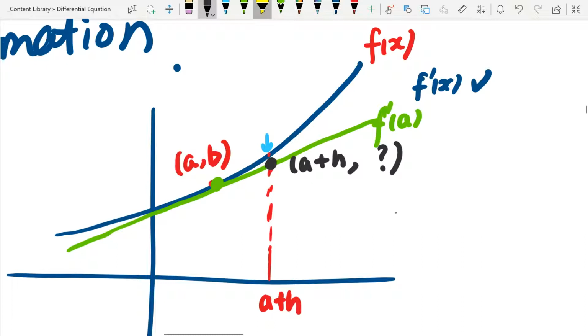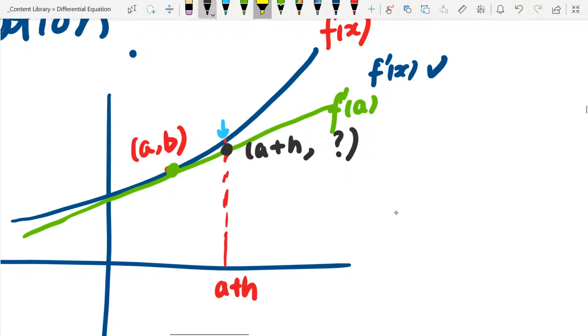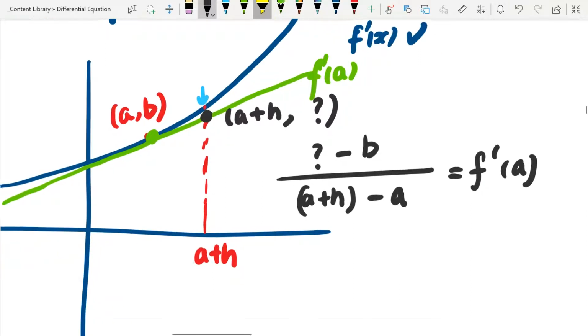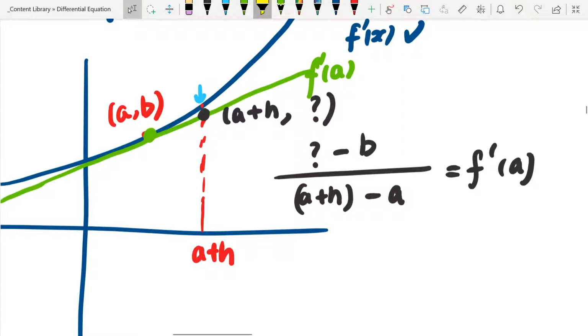What I can do is, question mark minus the value of b over a plus h minus a should equal f'(a), which is the relative rate of change. y2 minus y1 over x2 minus x1 equals the gradient of the line. And you just told me the gradient of the line is f'(a). So I can solve for the question mark here. The bottom is just h.